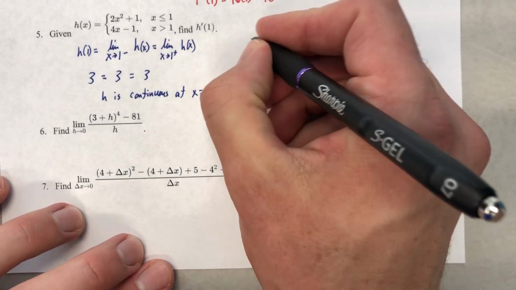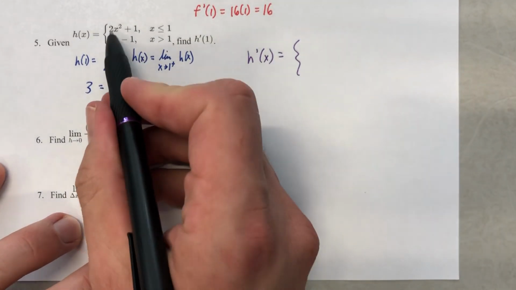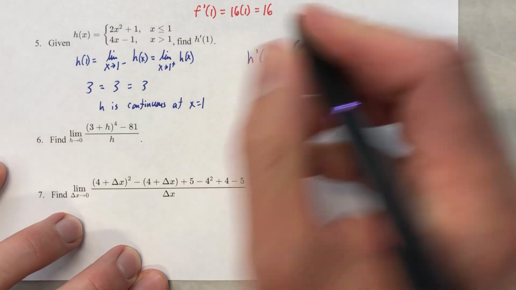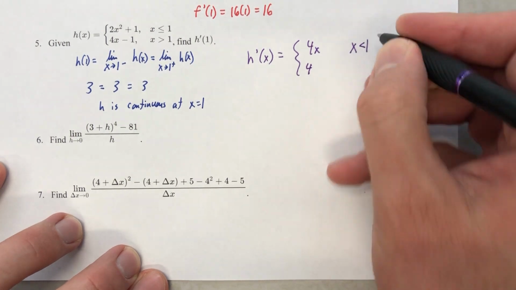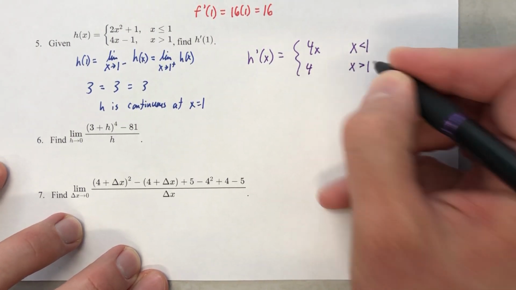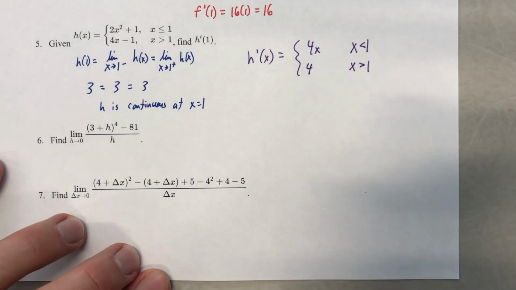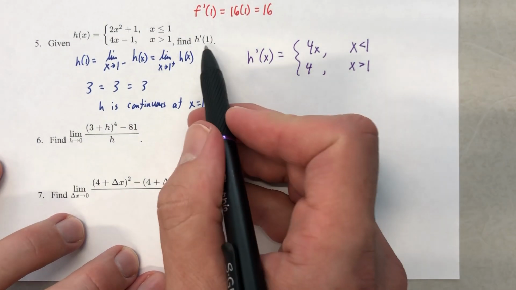So if I took the derivative of h, I would have, well, 4x, see, shortcut, 4x, and here I'd have 4. And this would apply where x is less than 1, and this would apply where x is greater than 1. And notice that I didn't say that this is less than or equal to 1, because I don't know that yet. So I really don't know if the function is truly differentiable at 1.